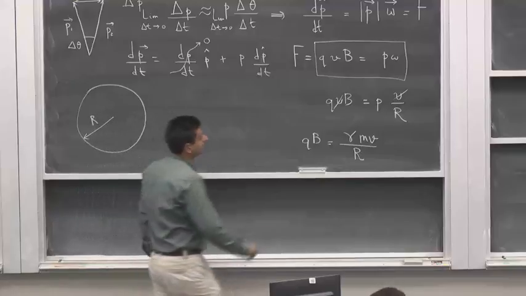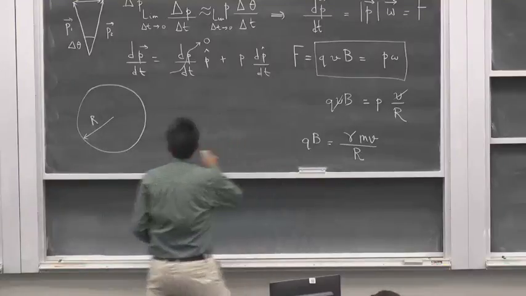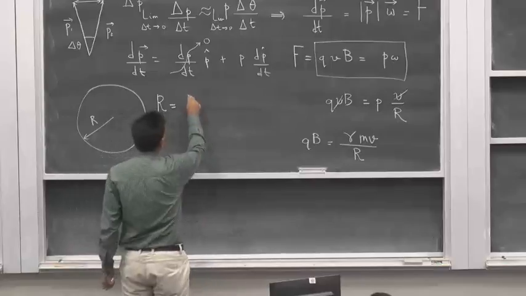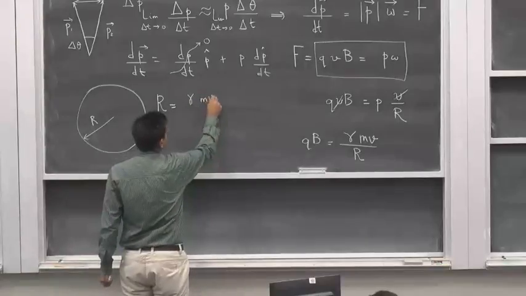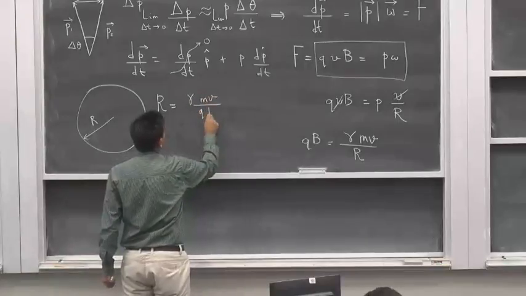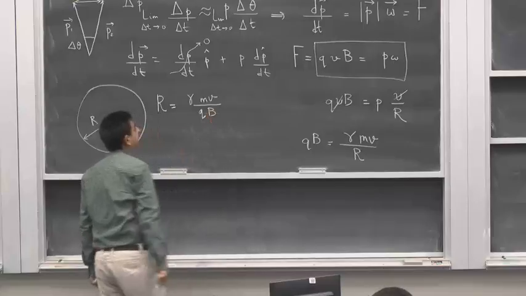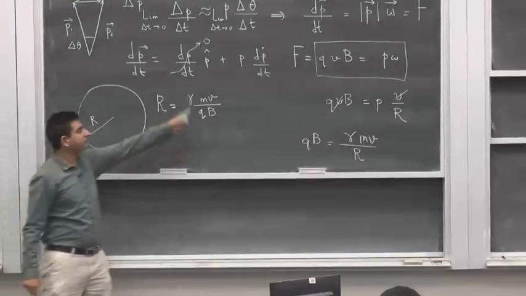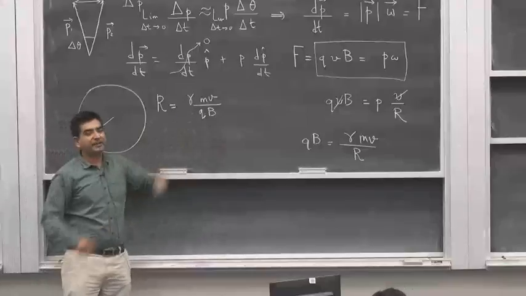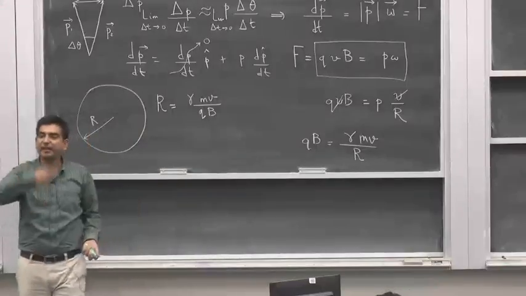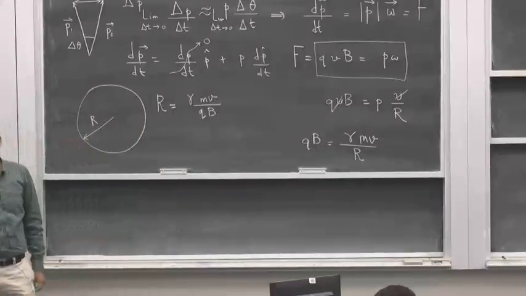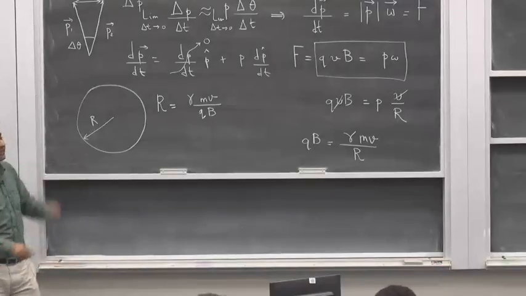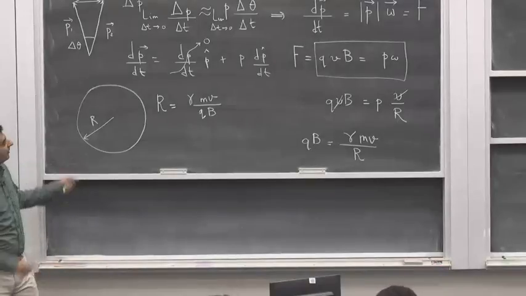In other words, the radius of this trajectory is given by gamma mv over qB, and it depends upon the magnetic field, and it depends upon the charge to mass ratio, and it depends upon the speed with which the particle has been launched inside the magnetic field. And the speed does not change, only the velocity changes. So this defines what the radius of this object is.